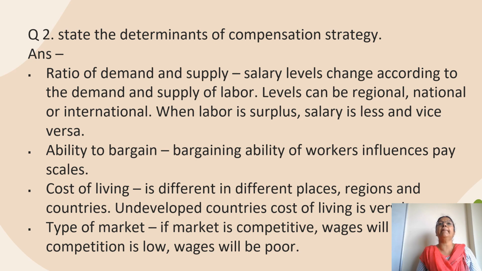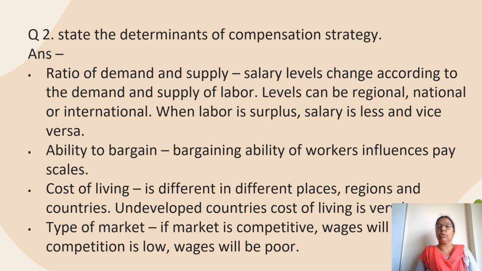Second one is ability to bargain. If workers have the ability to bargain, then their salaries will be higher. Suppose strong trade unions are there and workers are very united. So the trade union will collectively bargain with the management, fight with them and get higher salaries, higher wages for the employees.